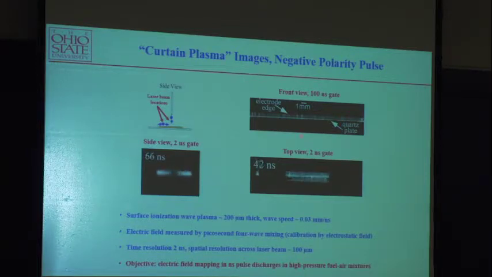And if you look from the front view, this is the quartz, this is the knife edge, you can see that the plasma is propagating between the knife edge and the quartz. So there are a lot of streamers forming between them. It's not really uniform, even with this nanosecond discharge. If you look at the top view, you can see that the plasma also spreads to both sides, the front and back surfaces of the knife edge.